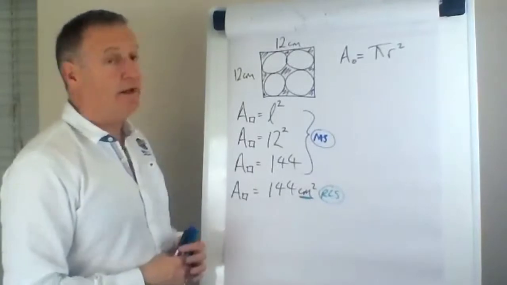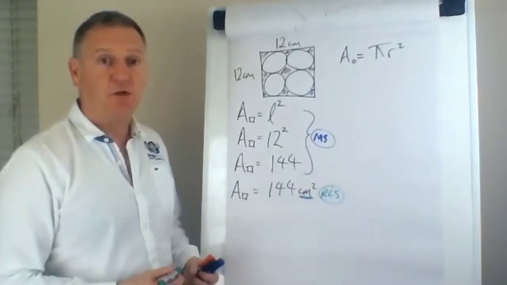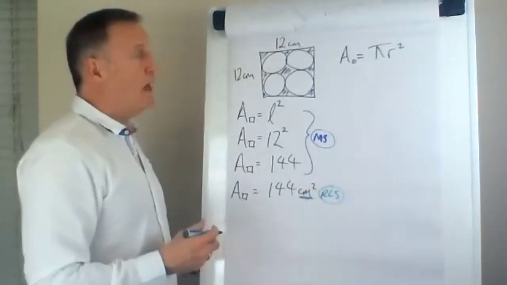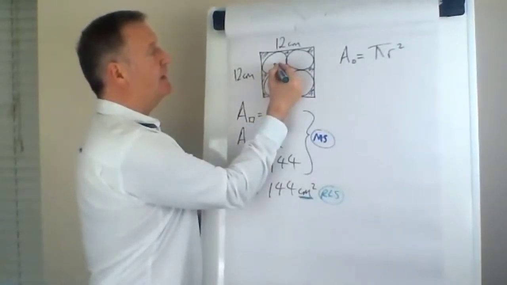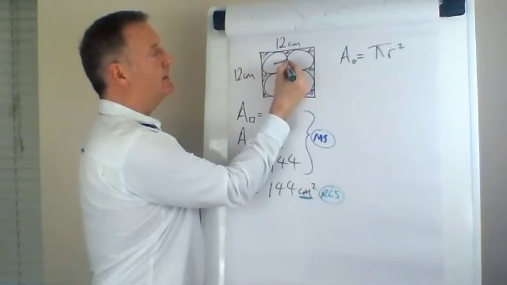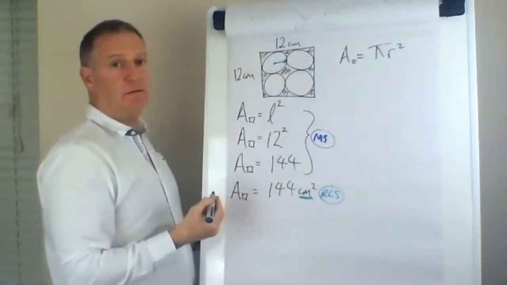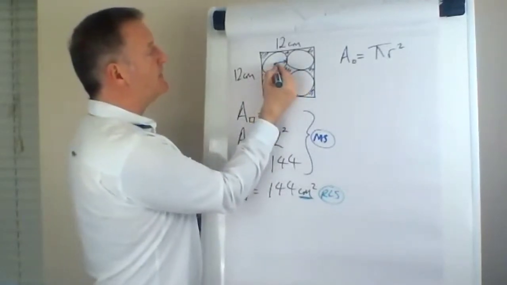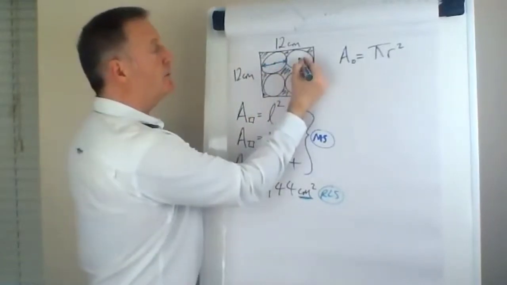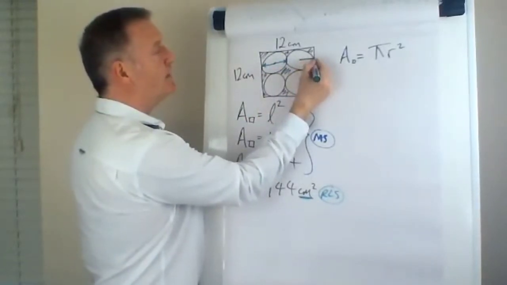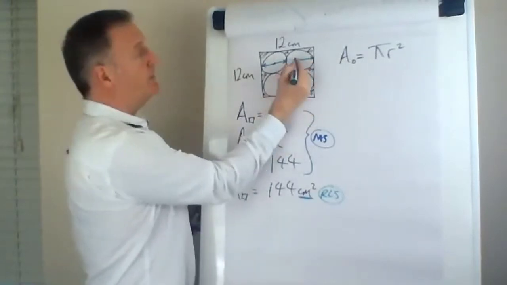So I'll tell you what we better figure out here. We better figure out the radius of each circle. I'm going to add something to my diagram. I'm going to add this line from here to here. Isn't that the same distance from there to there? And this circle as well, from there to there, and from here to here.